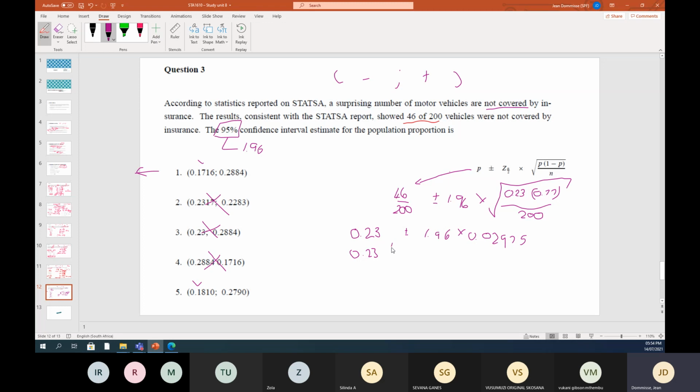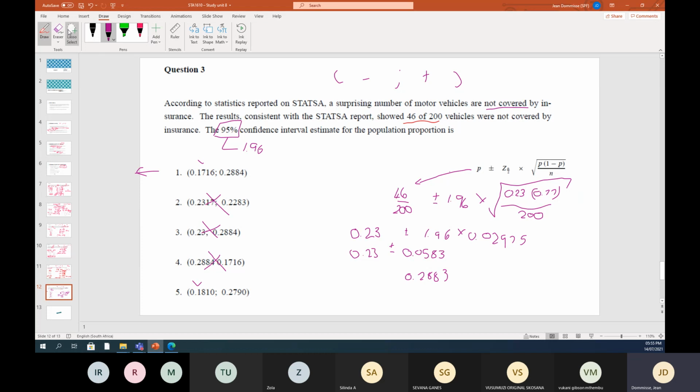So 0,23 plus minus 0,0583. I'm probably writing too many numbers, but 0,23 plus that is my upper limit, so it's 0,2883.